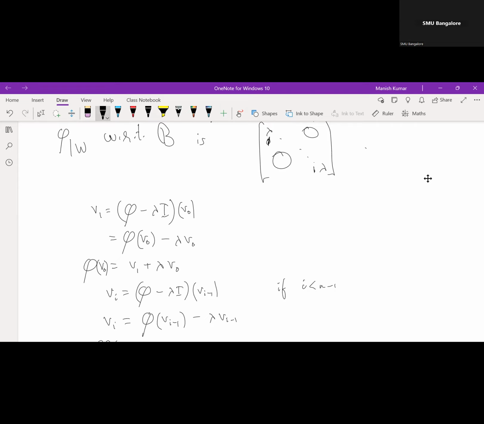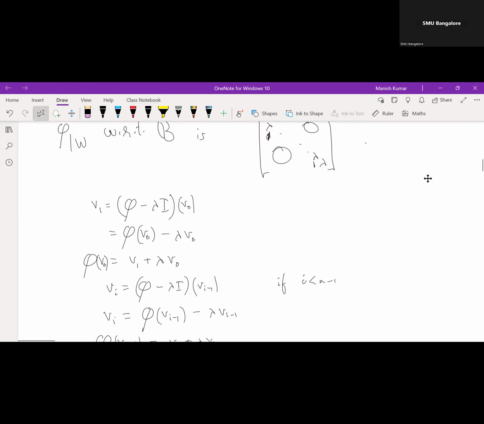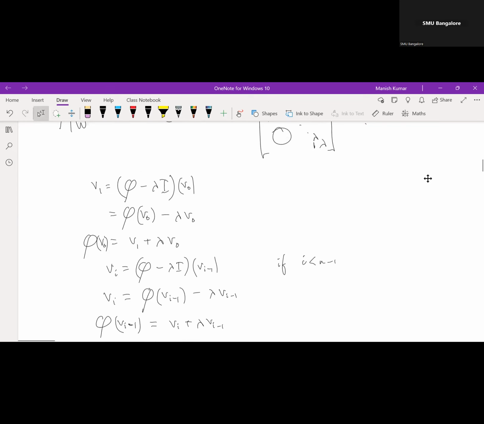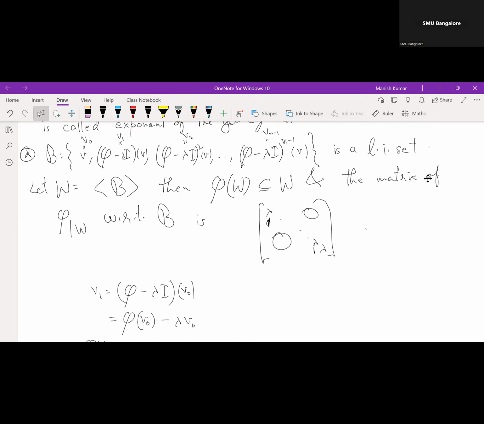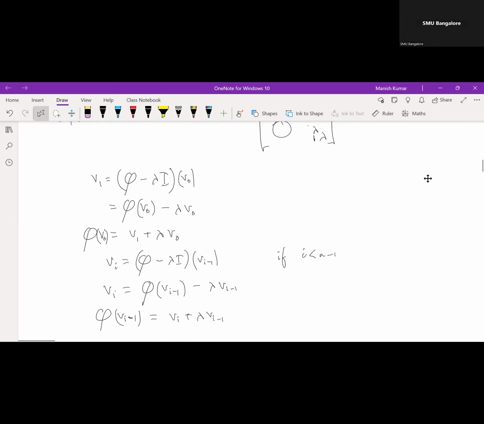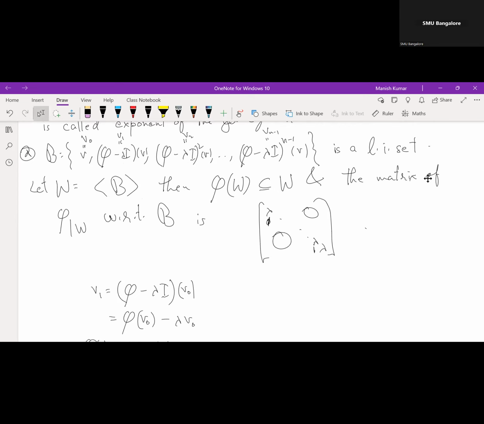And in general, phi of Vi minus 1 you can write as lambda times Vi minus 1 plus the next one, Vi. So once we prove that this set is linearly independent, the matrix is clear from these calculations. The only thing one has to check is that it is linearly independent.